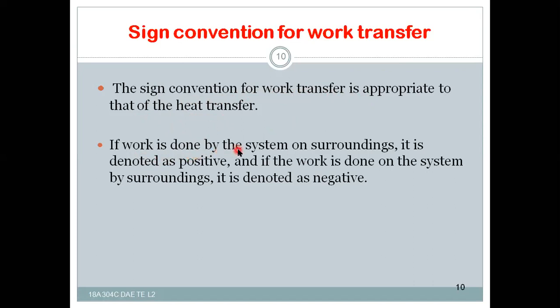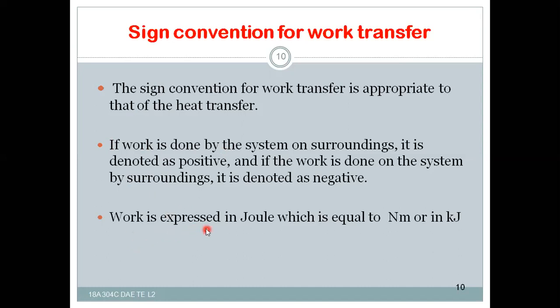If work is done by the system on the surroundings, it is denoted as positive, whereas if work is done on the system by the surroundings, it is denoted as negative. Once again, work done by the system on the surroundings is positive, and work done on the system by the surroundings is negative.